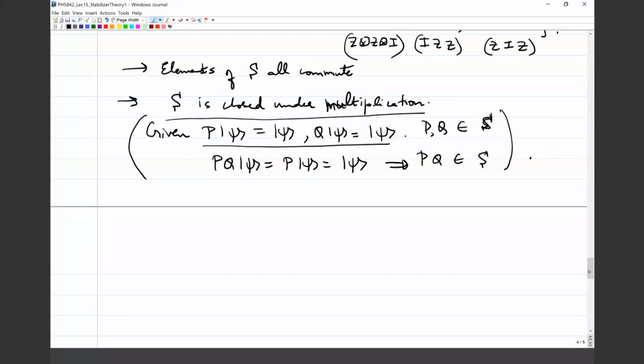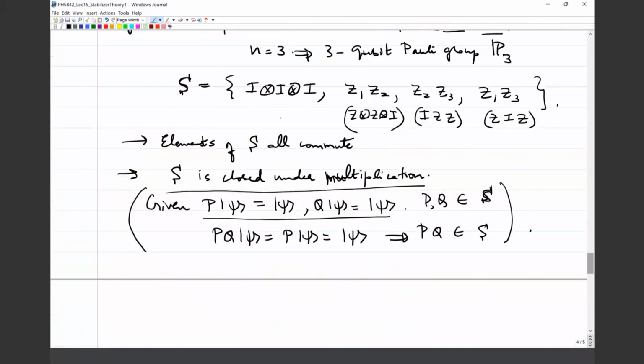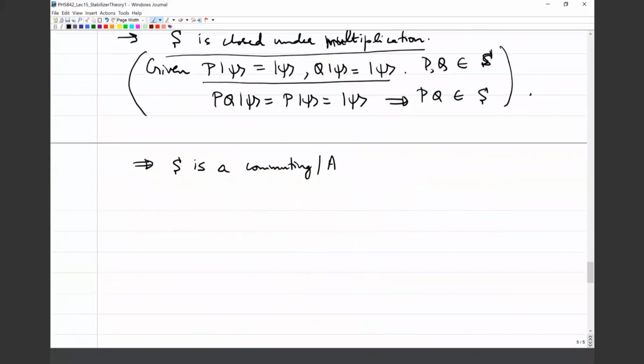So here you have a group of Pauli operators, a group of 3-qubit Pauli operators. So S is a commuting, and the fancy way of saying that is abelian. And of course, it's a subgroup, right? It's a subgroup of the larger 3-qubit Pauli group. So S is a commuting or abelian subgroup of P3.